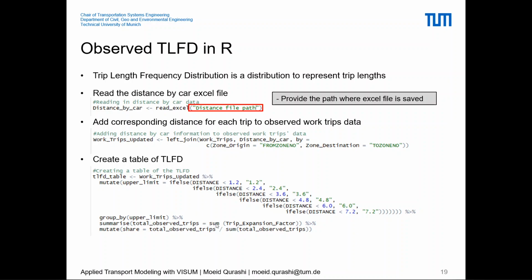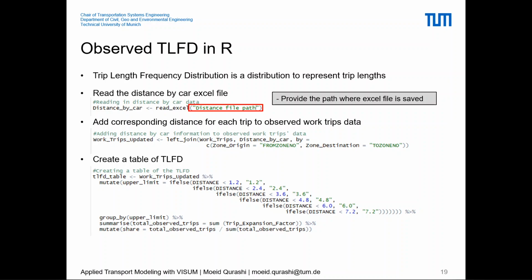Yeah. And once you do this, you mutate. Mutate is basically a function to create a new column in the table. So now we mutate to add a column, share, which is equal to total observed trips divided by the sum of total observed trips. So we have to understand this: it means total observed trips within each interval divided by the sum of all the total observed trips.